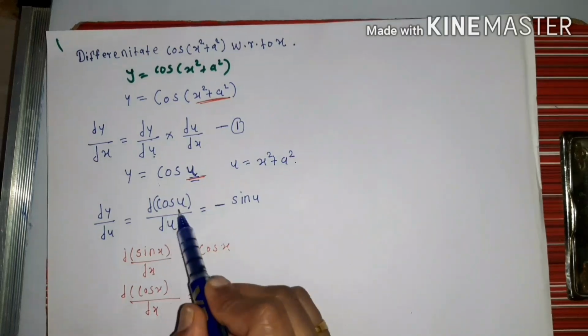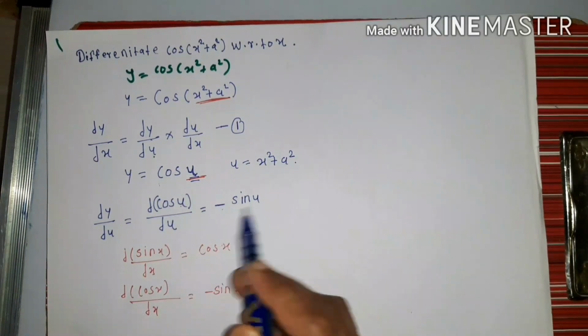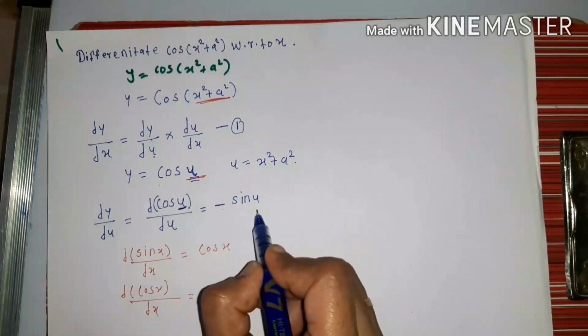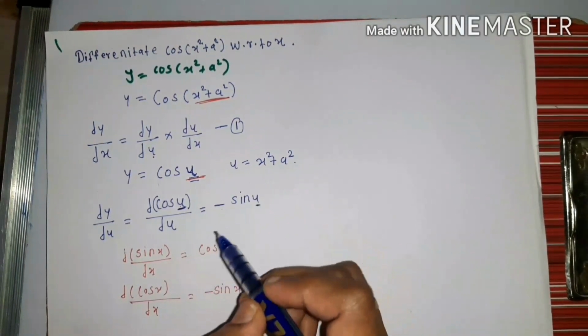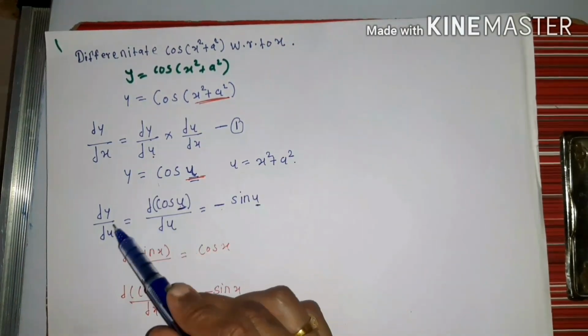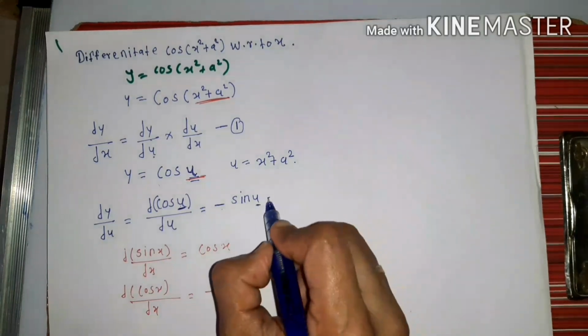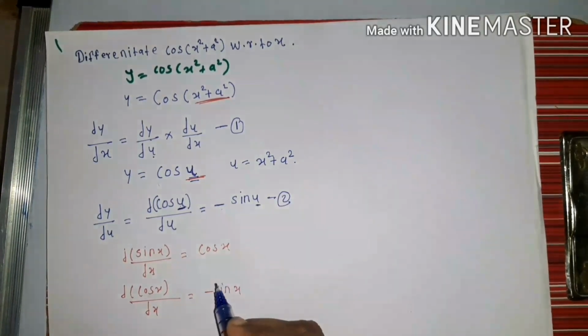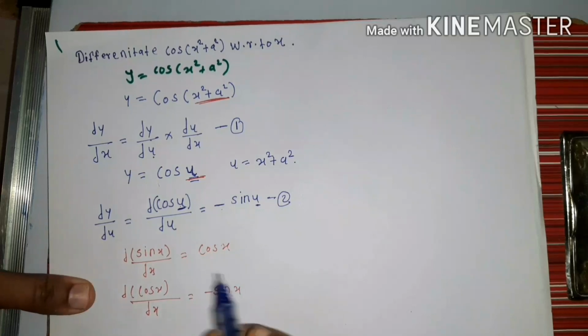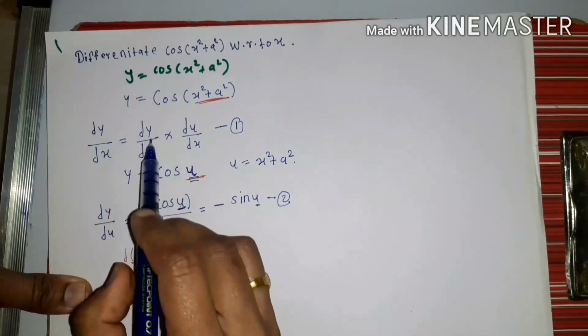Similarly, differentiation of cos of u is minus sine of u. Here only the variable is u. The formula is same. Hence dy by du is minus sine of u.